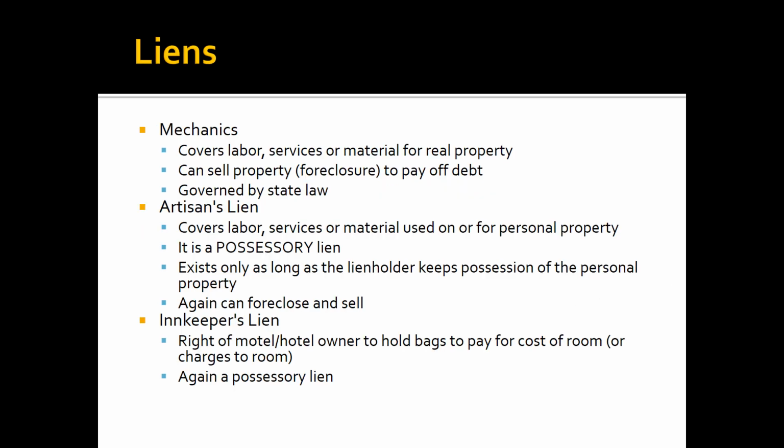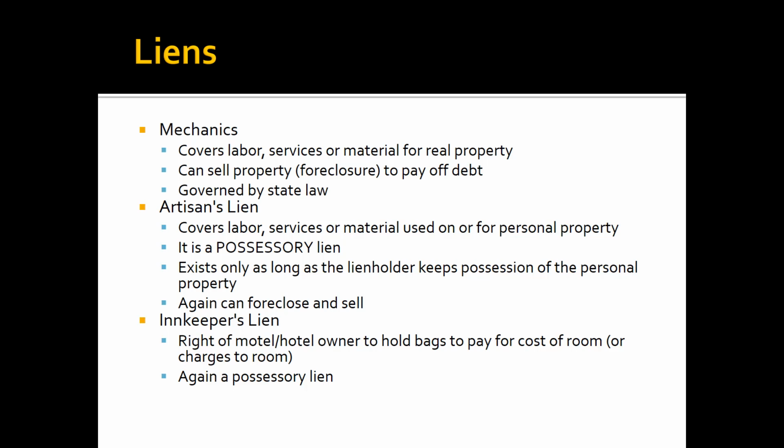Okay, so a mechanics lien, we're using some kind of old language here. You have to remember that when the term mechanic first comes into the English language, not completely, but for simplification's sake, it's probably closer to something like carpenter or worker like that.